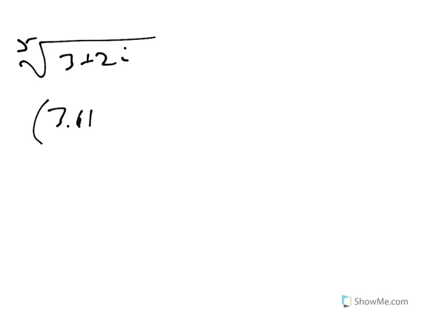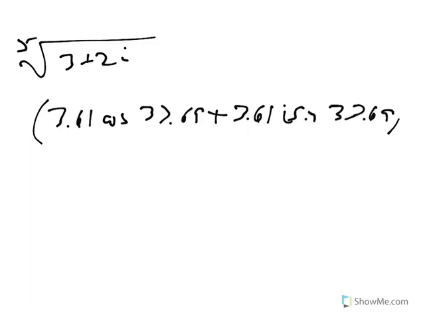The real power of De Moivre's theorem comes from taking roots of complex numbers. Because 3 plus 2i is still 3.61 cosine 33.69 plus 3.61 i sine 33.69. But if I raise it to the 1/5 power, De Moivre's theorem works for that also.